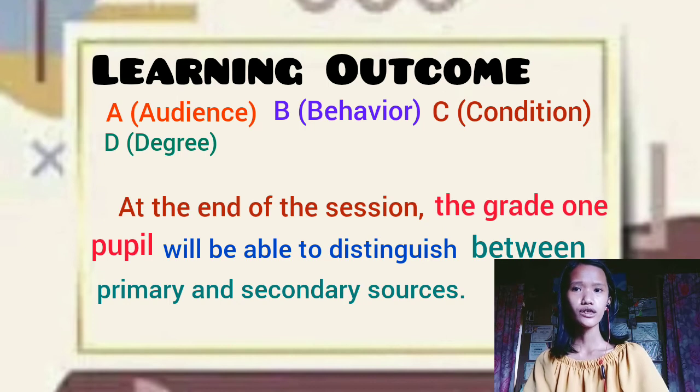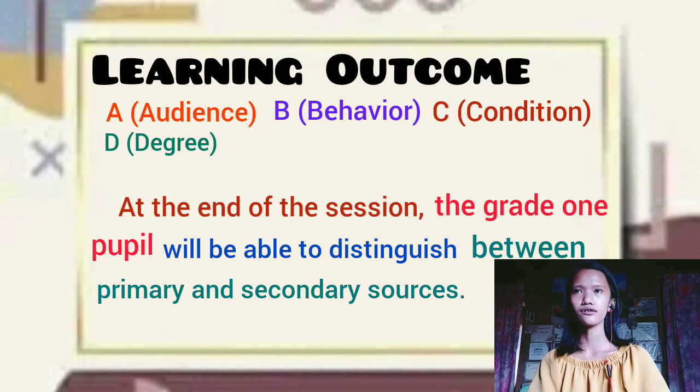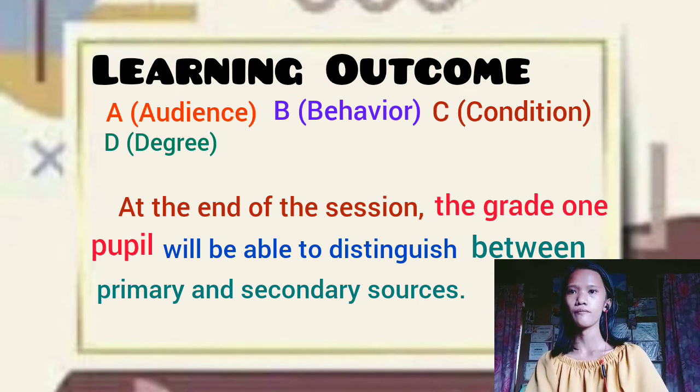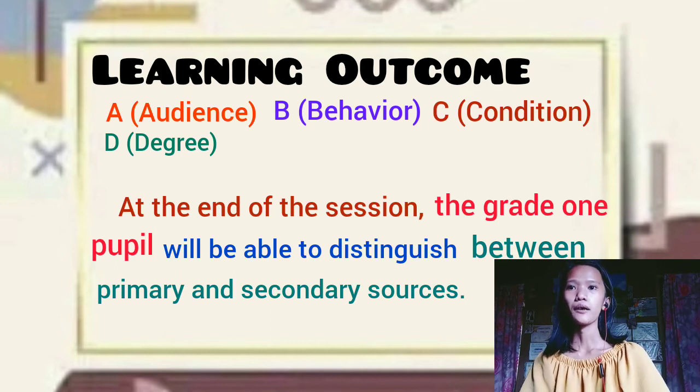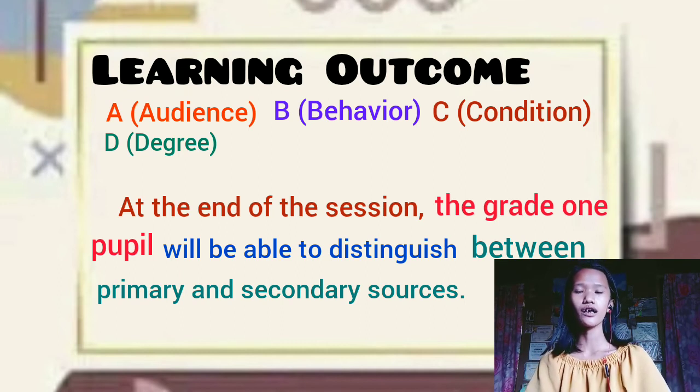Ano naman ang condition? Sinabi ko kanina na ang condition ay isa sa mga boundary kung saan o hanggang kailan magtatakbo lamang yung learners o yung audience. Kaya sinasabi dito sa example na at the end of the session. And the degree ay between primary and secondary sources. Naka-specify na yun.